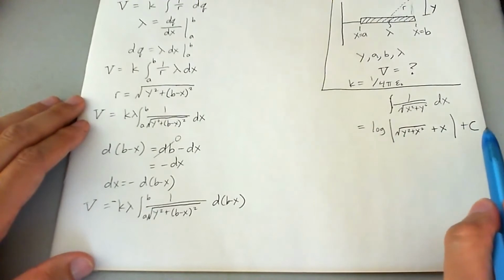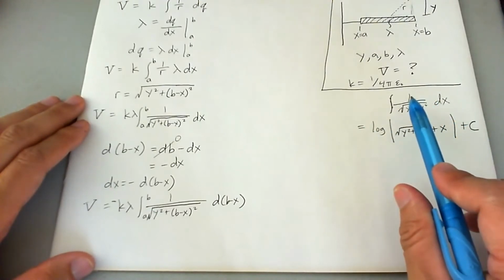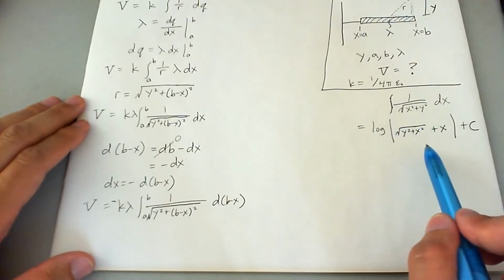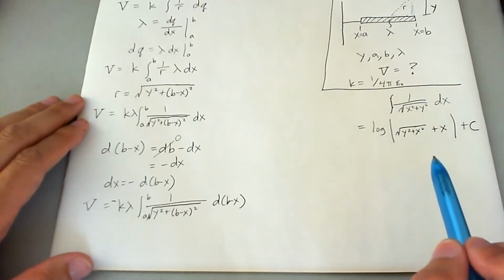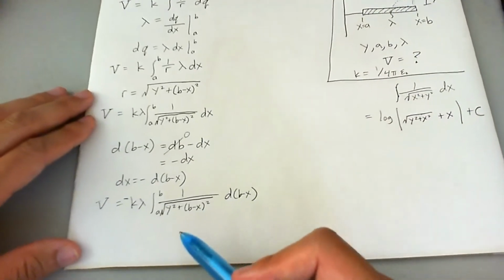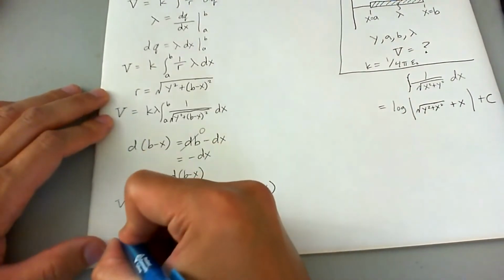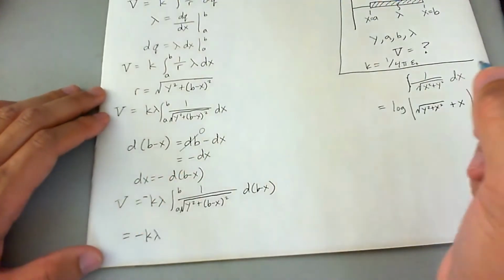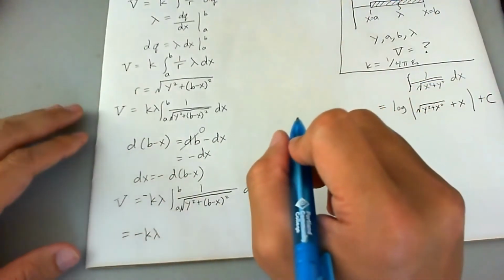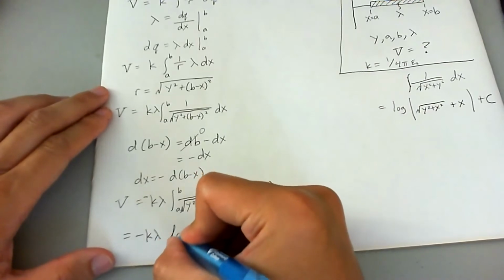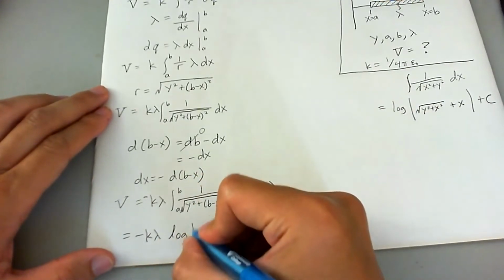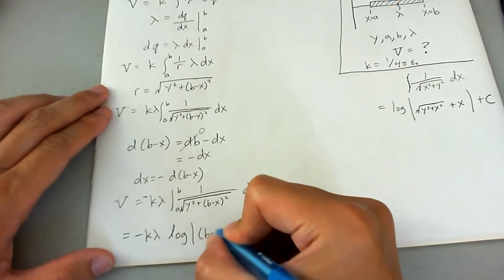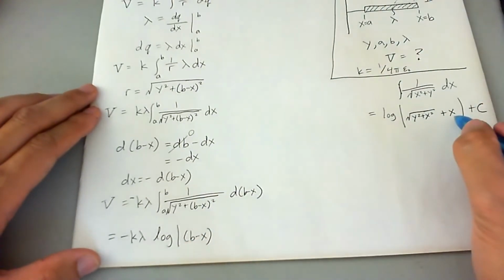At the end of the video, I'm going to show how to actually derive this answer from this integral. But for now, we're going to accept it the way it is. So this ends up being negative k lambda, and you have to do this carefully. It's going to be a log of b minus x, so that's the x here.